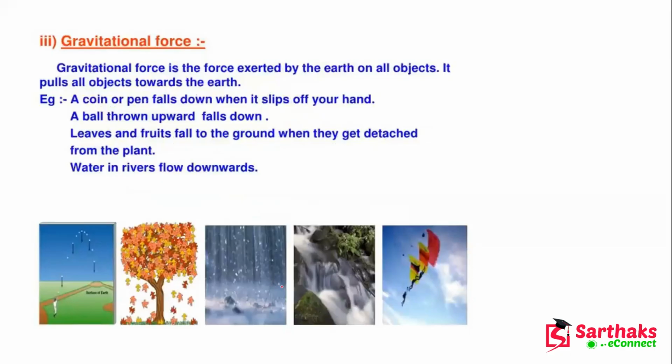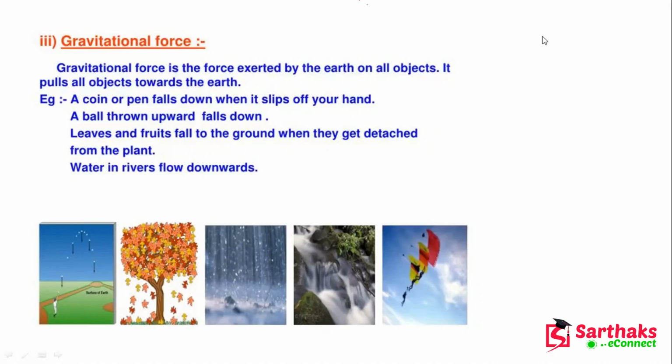Now the gravitational force, and this is the main reason why we are standing on the earth. Gravitational force is the force exerted by the earth on all objects. That's why we are standing on the earth's surface, and it pulls all objects. That's why apples from the tree fall on the surface of the earth.